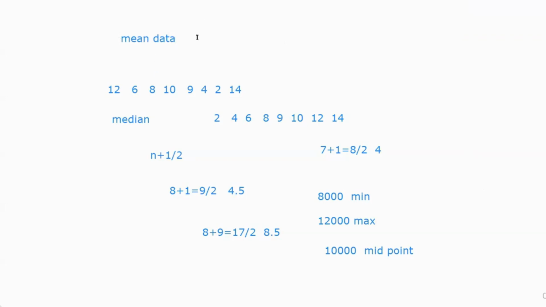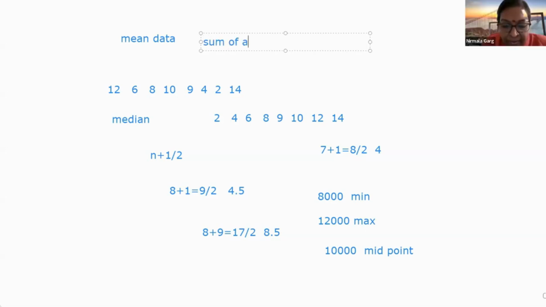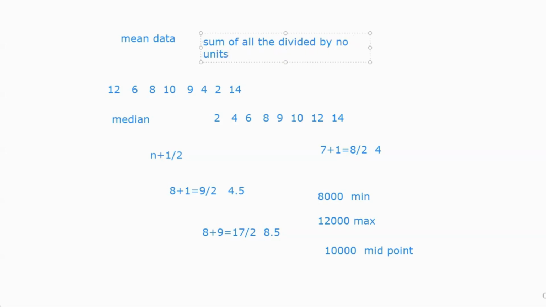Mean data, average data, is the sum total of all the numbers divided by the number of units, or sets of data. Is this very clear? There's a difference between mean data and median data.